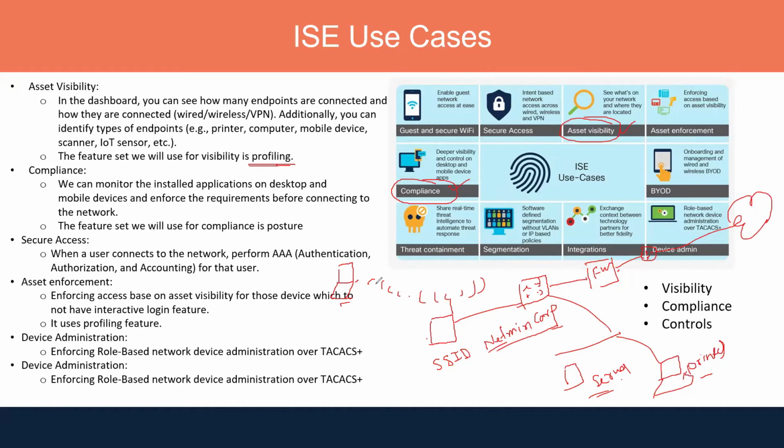So that is a simple thing, but I just want to place compliance. I want certain checks before this user connects to the network. So let's say this is the user who wants to connect to my network.